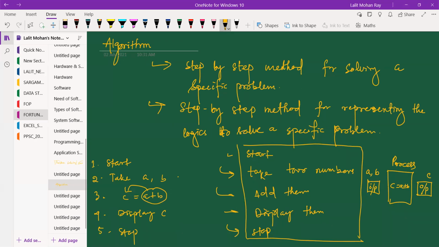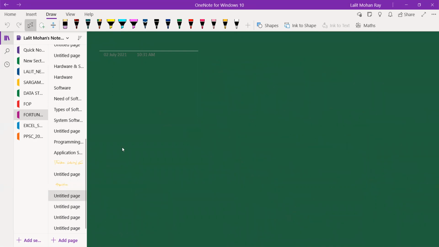Now, can you write any algorithm? I'm giving some assignments. This is assignment 2, I think. Number 1, write an algorithm.